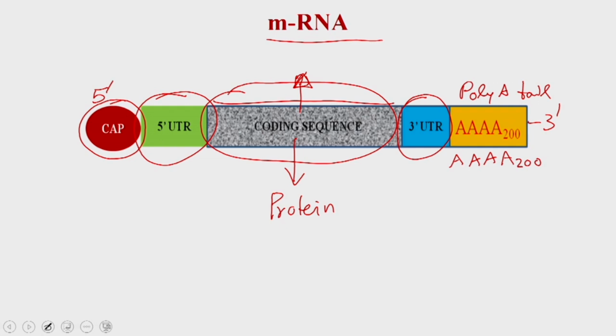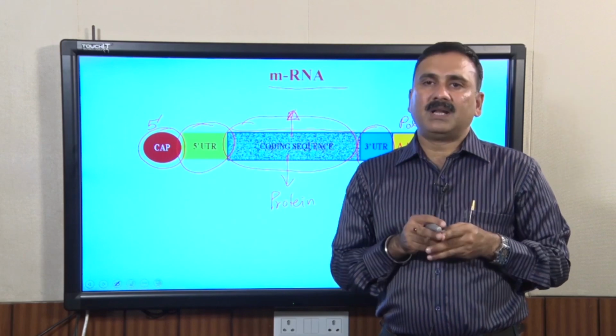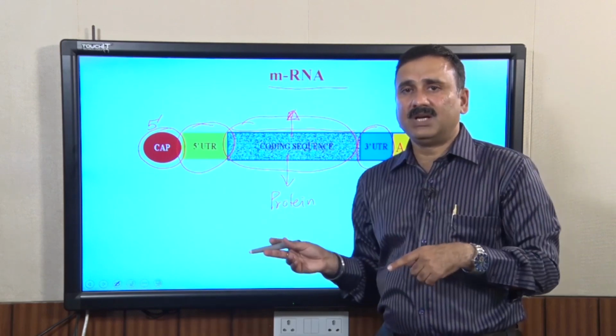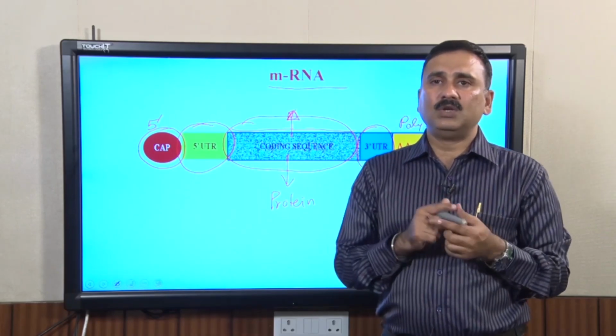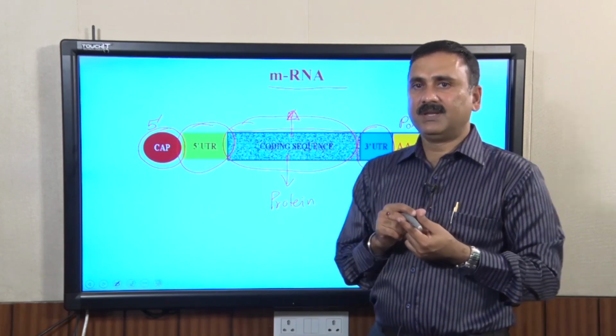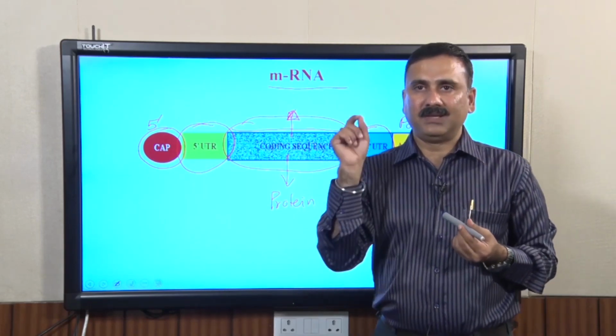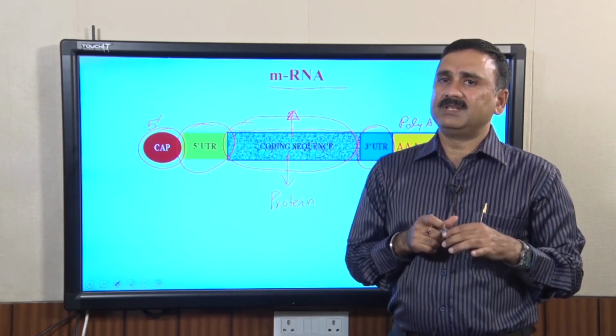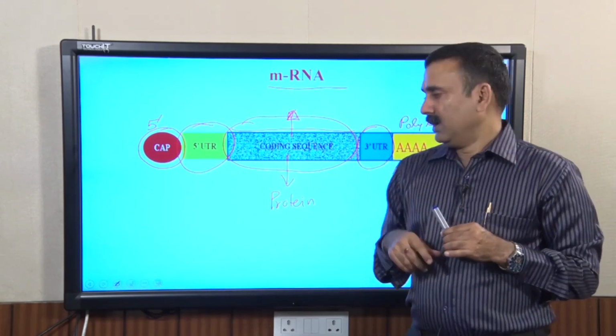We want to isolate the messenger RNA pool of that particular cell under specific conditions. So you want to use a generic sequence as a probe to isolate all the messenger RNA present in that cell.